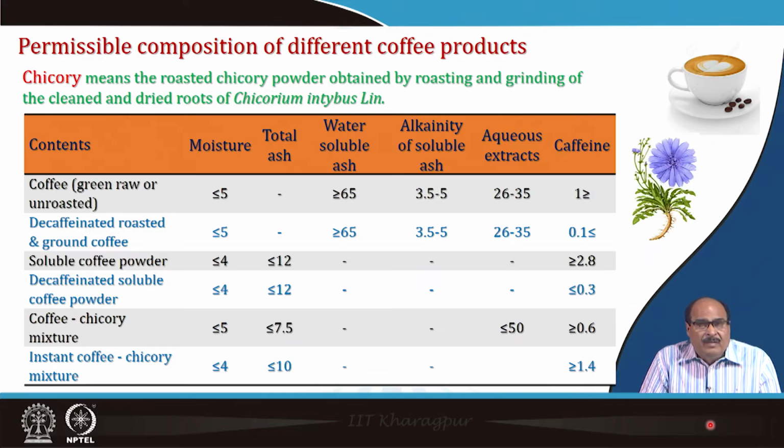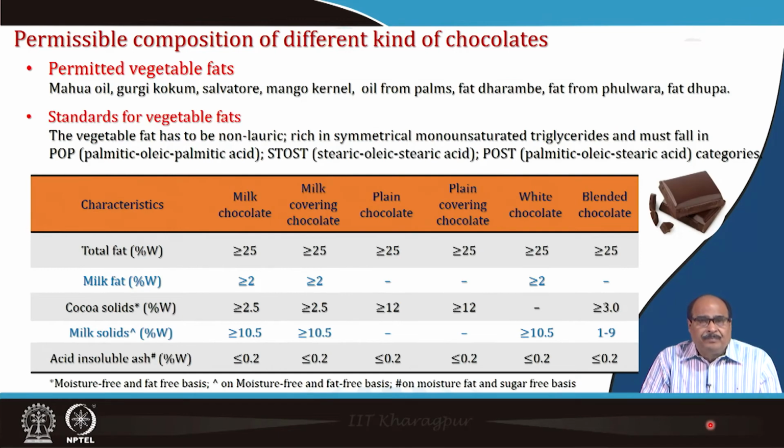Okay. Total ash should be less than or equal to 1.2% in the case of soluble coffee powder or decaffeinated coffee powder, and it should be less than or equal to 7.5% in the case of coffee chicory mixture, or less than or equal to 10% in the case of instant coffee chicory mixture. So, various standards are accordingly fixed in the law.